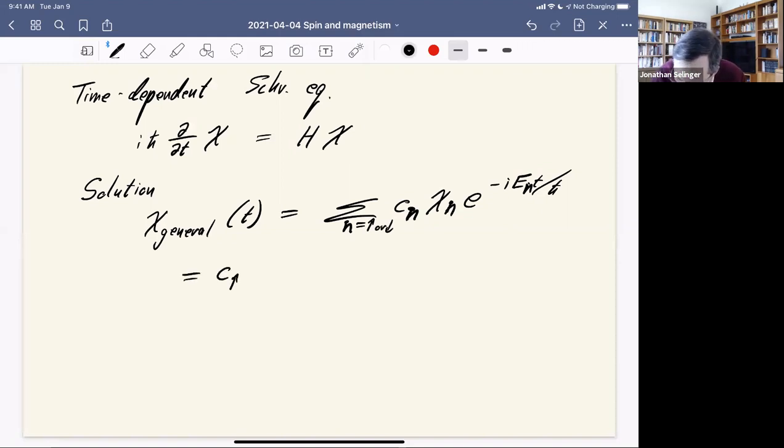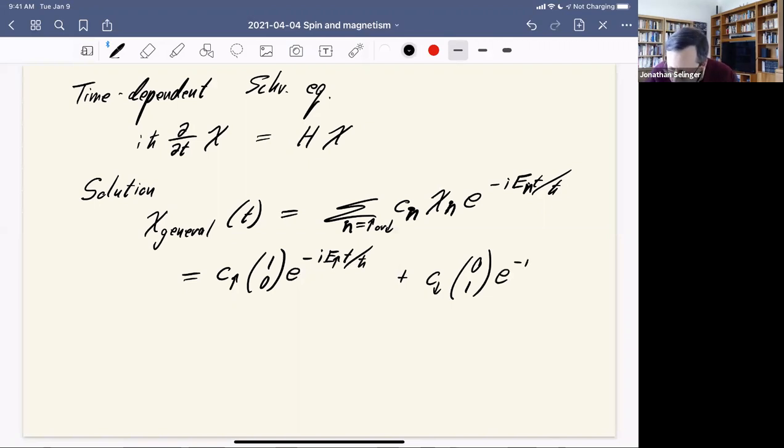So this thing is C up, then the up state is (1, 0), e to the minus i E up t over h bar. Then plus C down, the down state is (0, 1), e to the minus i E down t over h bar.